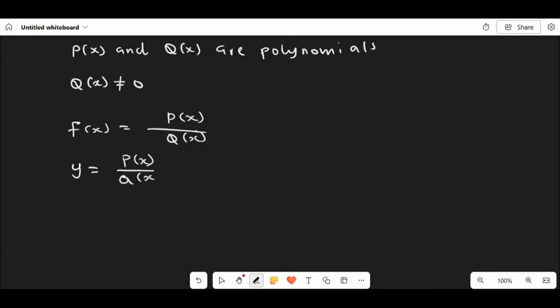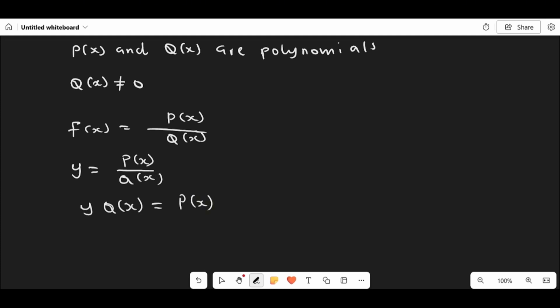Multiply both sides by the denominator. If we multiply both sides by this denominator, we are going to have y q(x) equal to p(x).